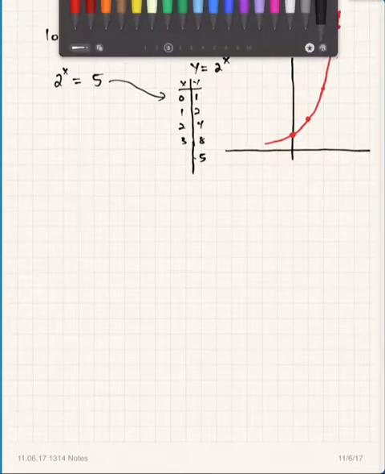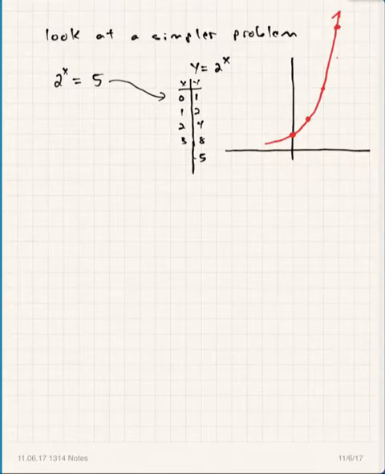Now, if you look at the graph, y equals 5 is right here. And so if you go back to the graph, sure enough, there should be some x value right here. But the question is, what is that x value, where when I use that, I get 5 for y?